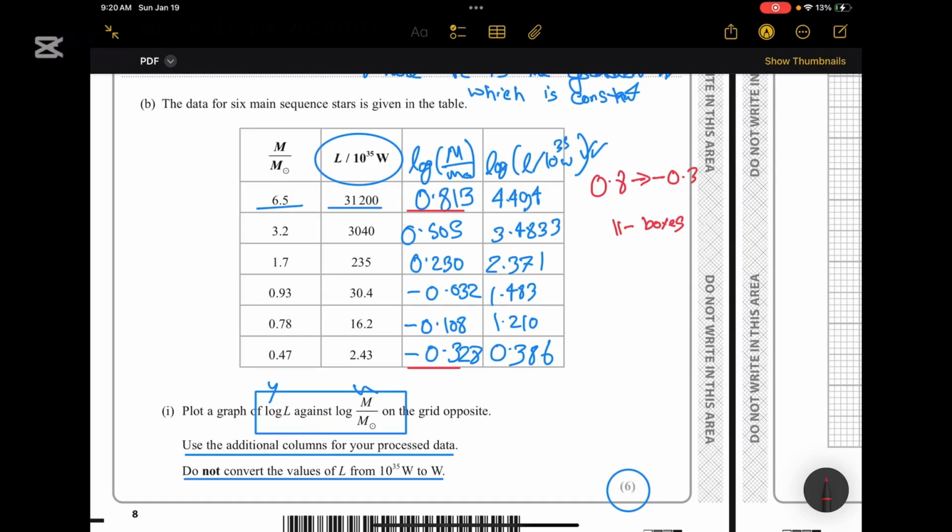One thing I want to mention is that scaling should be of 1, 2 or 5. These are the 3 ways you can scale. You cannot scale with a value of 3 or 4.